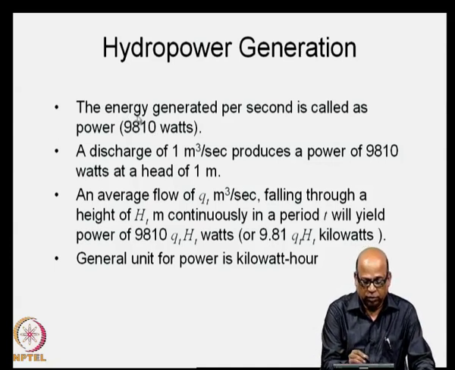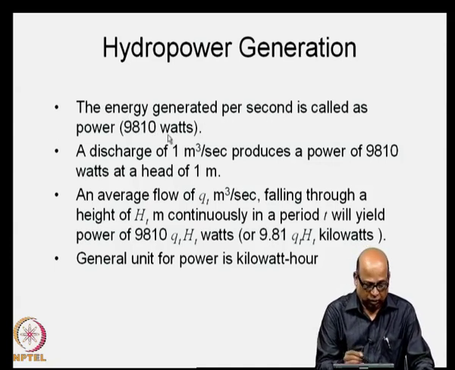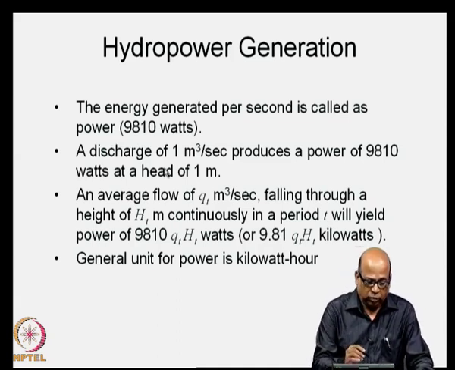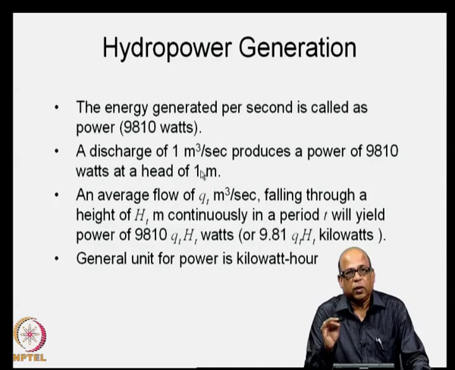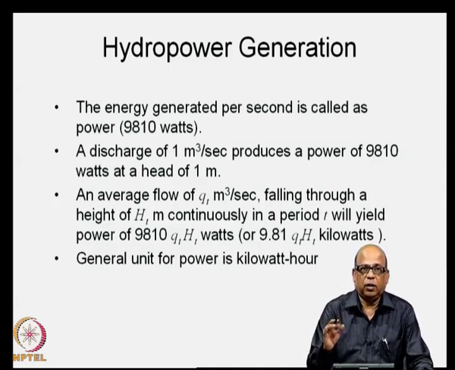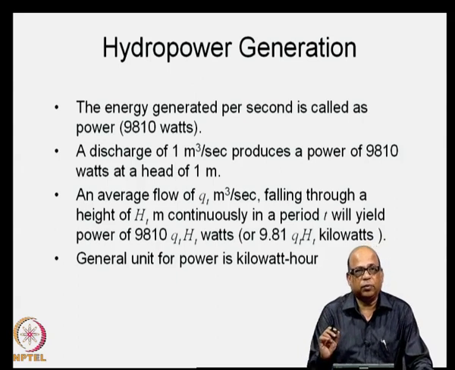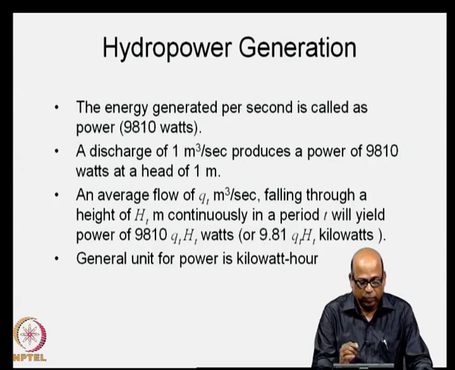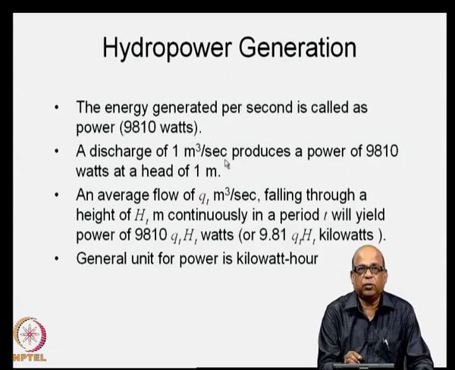This is what we did for 1 meter cube of water falling every second over a 1 meter distance. So, the discharge there is 1 meter cube per second, falling through 1 meter height, and this produces 9810 watts.